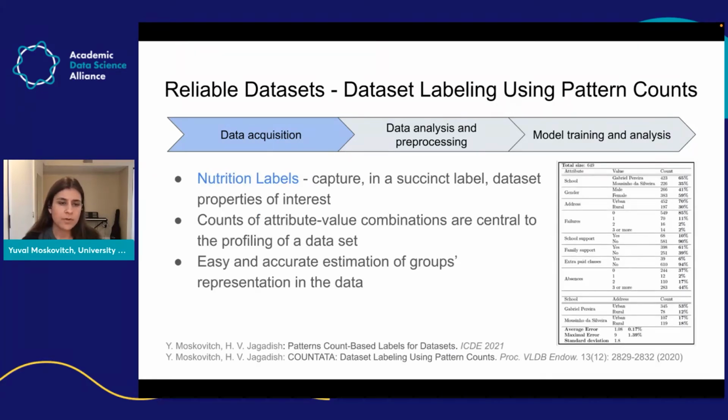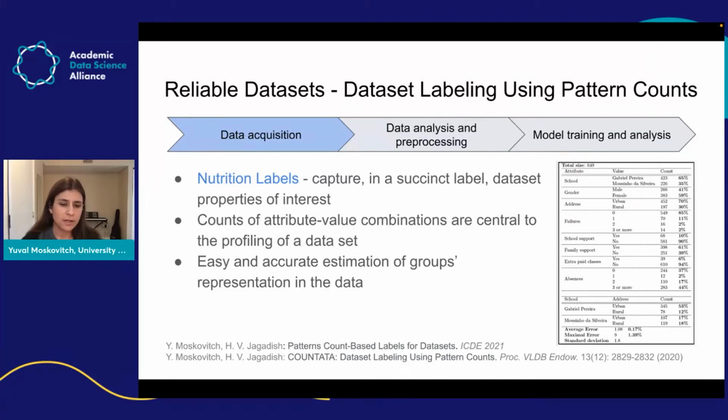To help both data scientists and data users in general, the notion of nutrition labels is being proposed, where the idea is to capture in a concise label some dataset properties that can help better understand the data. One important such property is information regarding the counts of attributes value combination, which are different groups in the data.